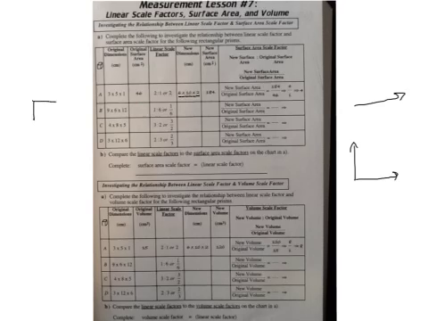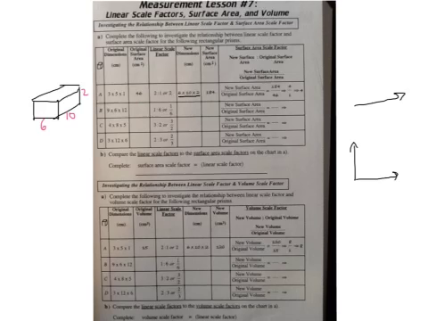So again, if we draw a little cube here, we've applied a linear scale factor of 2, so everything's twice as big. So now we're going to have a prism that's 6 by 10 by 2.